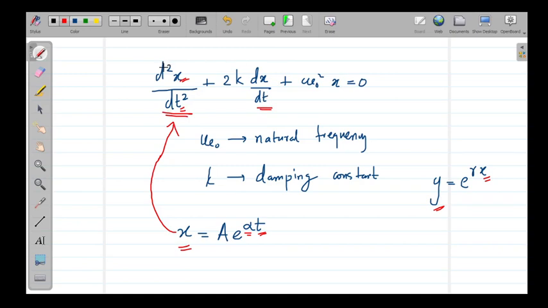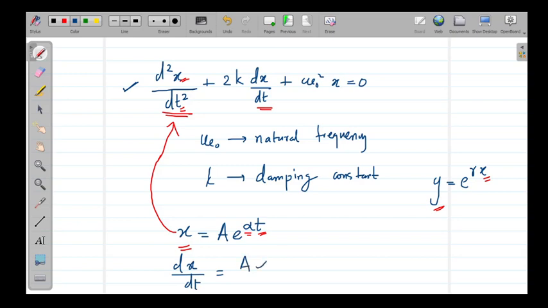For your reference, if you want to see more about solving these kinds of differential equations, I will provide the link to this particular website which I had shown earlier in the description of this video. Please see that. That is a mathematical procedure to find the solution of this second order differential equation. Now x = a e^(αt), and what is dx/dt?